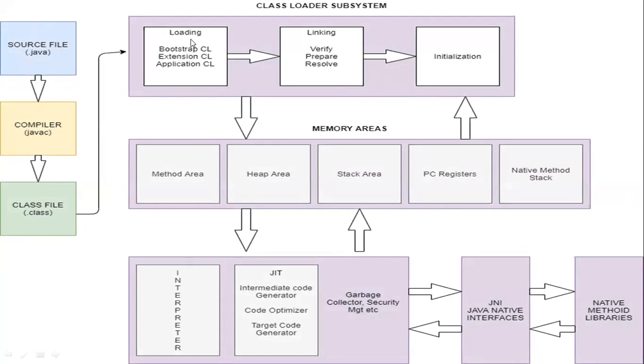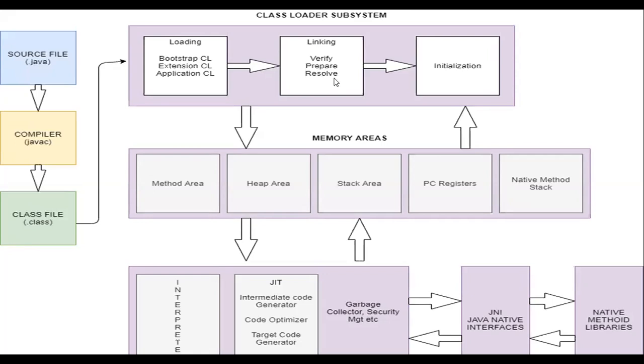In class loader, we have three types of primitive class loaders, which are bootstrap, extension, and application. Application class loader is also known as system class loader. Then in linking process, we have verify, prepare, and resolve. And last one is the initialization phase.